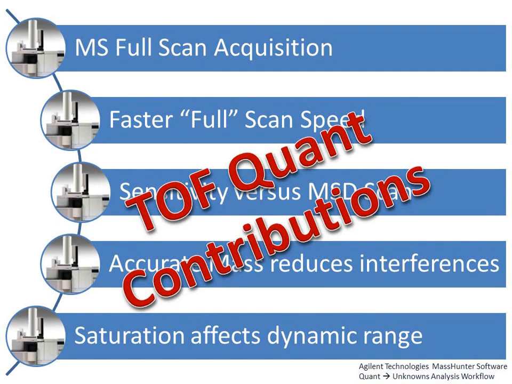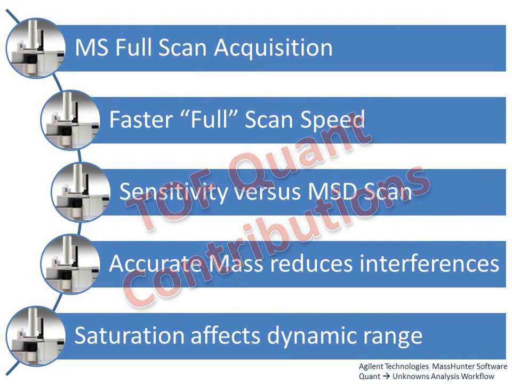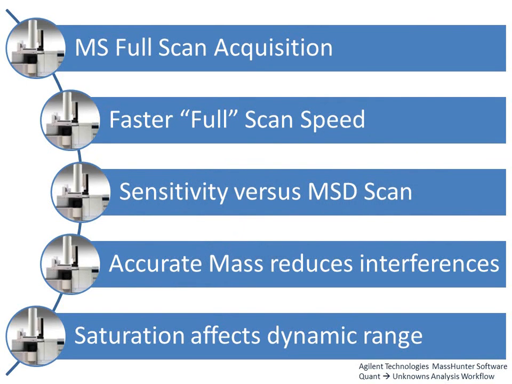All right, let's step into the question of the difference between unit mass and accurate mass machines like a time of flight. So the first thing is that a time of flight is not really a scanning instrument. You might call that full scan. But the difference is that the faster acquisition speed versus, let's say, the MSD makes a significant difference in terms of your quantitation.